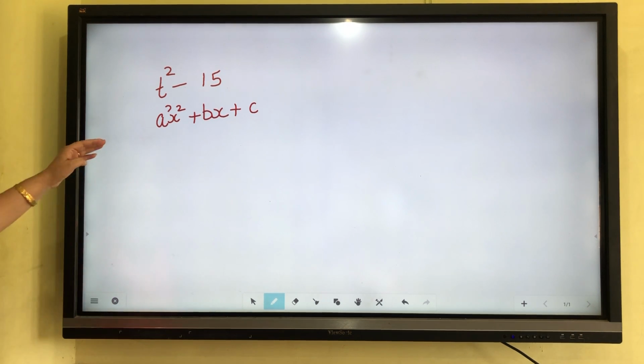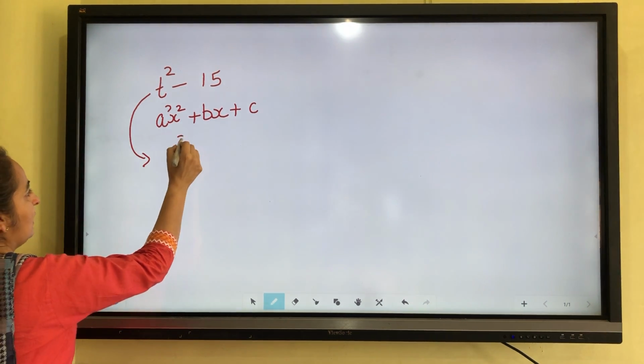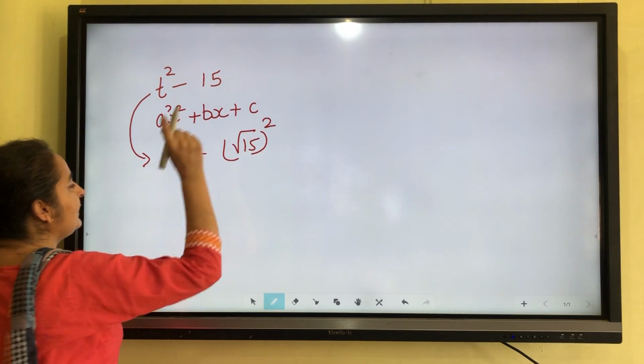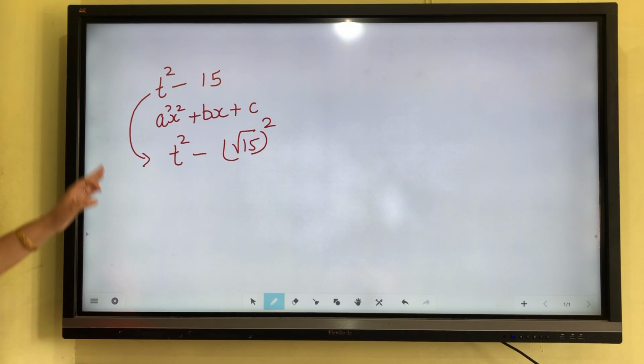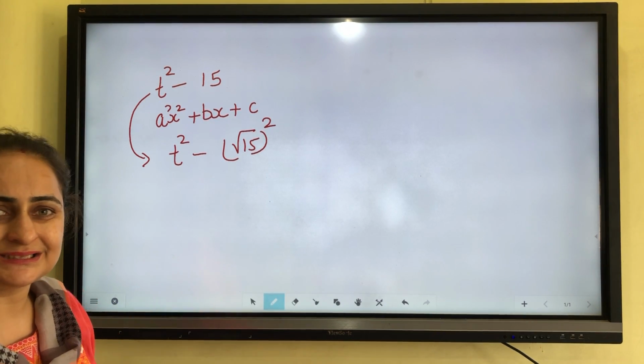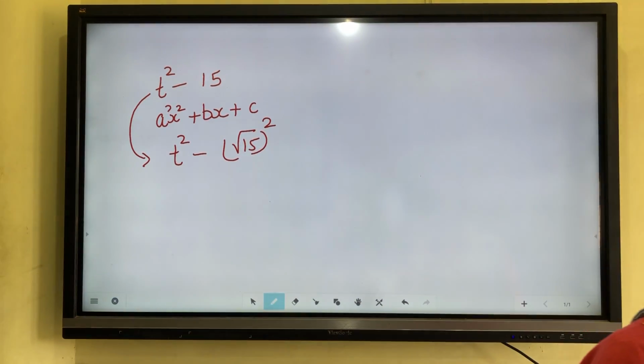Now here the value of b is 0, so in short I am doing this question directly. How am I doing it here? That is t square minus under root 15 ka square. But it is done directly only if there is the minus sign in between the two numbers. If there is the plus sign, then we are unable to calculate the value of the variable.